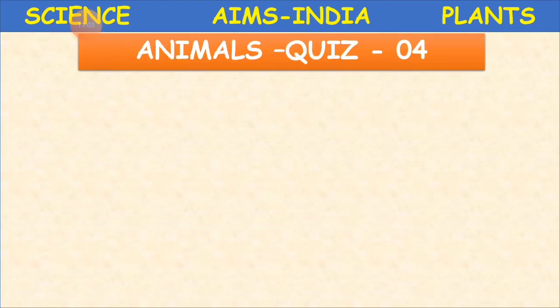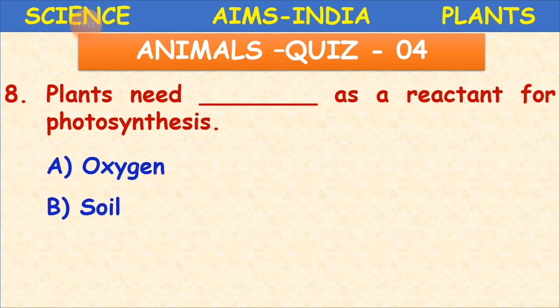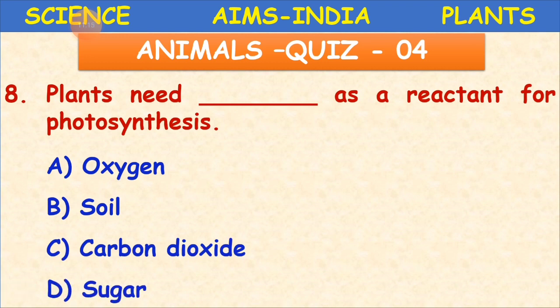Plants need dash as a reactant for photosynthesis. A option is oxygen, B is soil, C is carbon dioxide and D is sugar. And the correct answer here is, what is your guess?